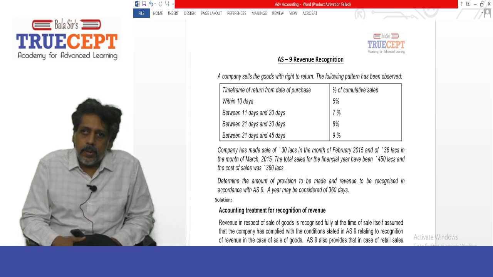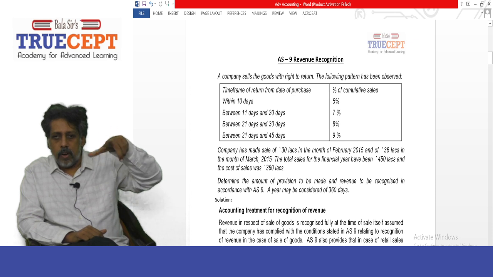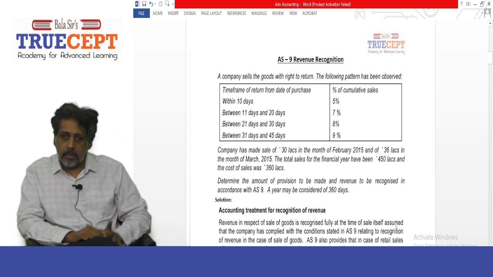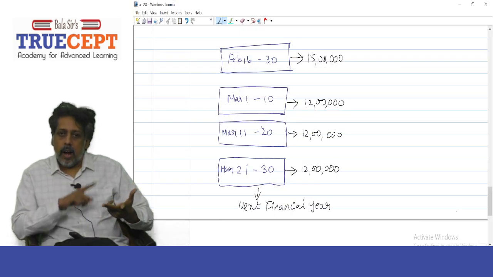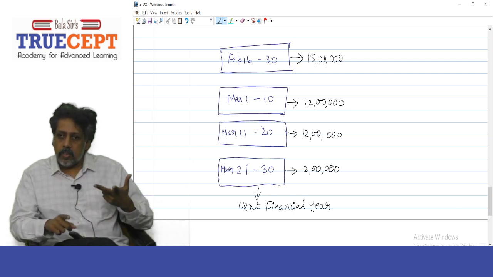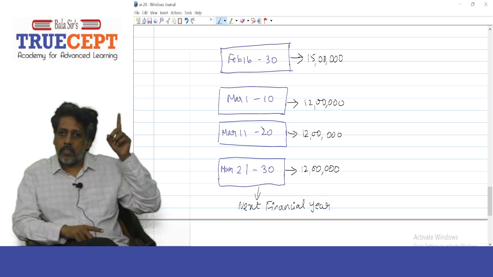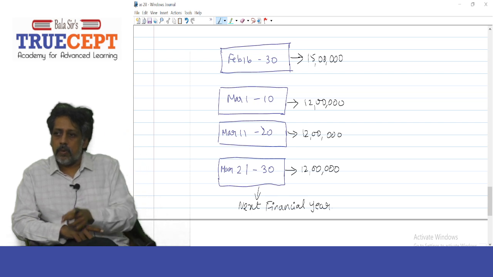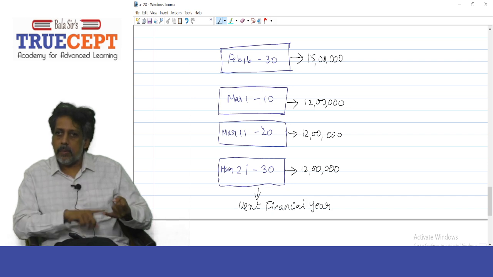Yes, sir. Now please refer to the boxes on the screen. Then you will understand the solution better. Just see, I'll put it right at the bottom, that is March 21st to 30th. You would have sold rupees 12 lakh worth of goods. How did I get 12 lakh? 36 lakh is the sales across 30 days in March.